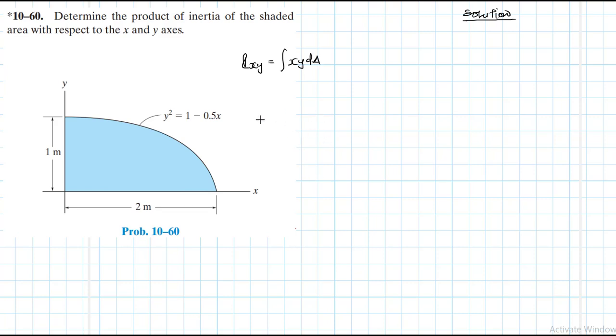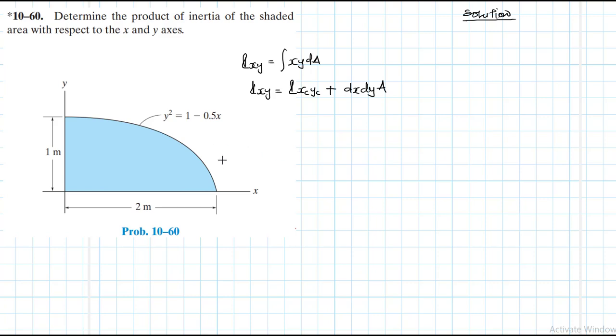Okay, and if we are using the parallel axis theorem, you have I sub xy equal to I sub x c y c, this is the product of inertia of an area about the centroidal axis, plus dx dy times area. All right, and units of measurements for this are also units of length to the power 4.